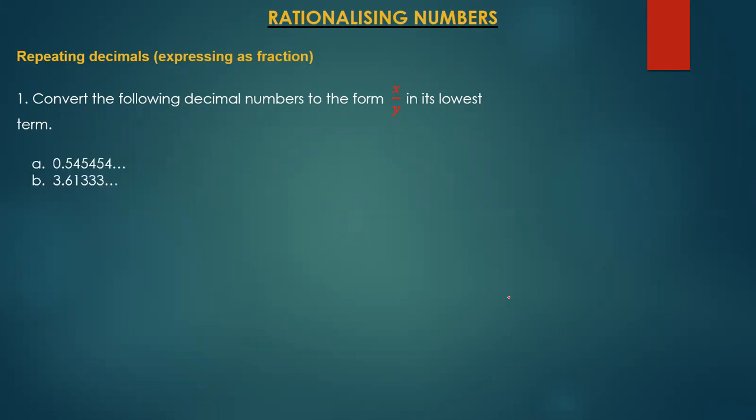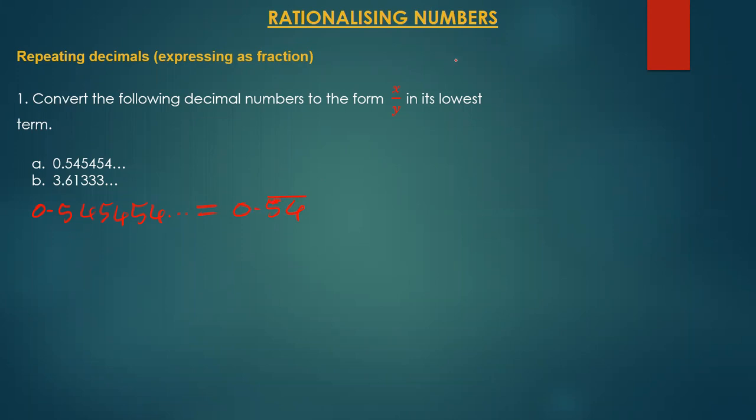We have 0.545454. This can also be written as 0.54 bar. The bar simply symbolizes that 5 and 4 are repeating.